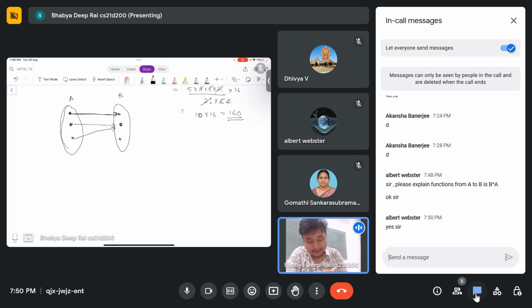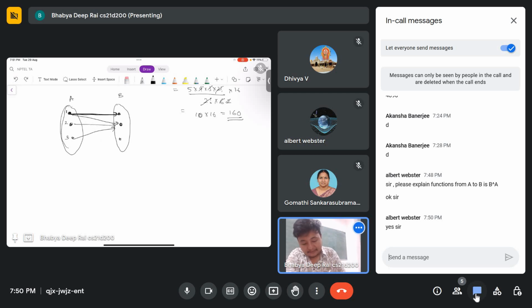We do the following. For an element in A, let me call this 1, 2, 3. For an element in A, how many choices are there? I can map to the first element of B, or the second element of B, or the third element of B, and so on.